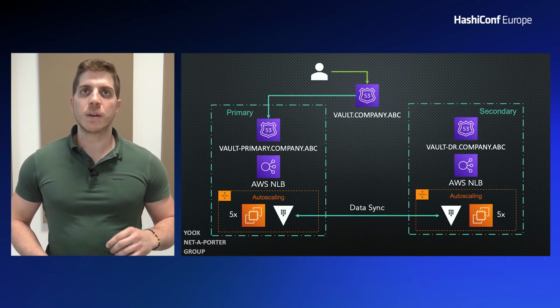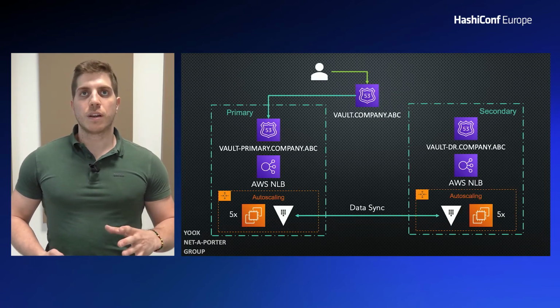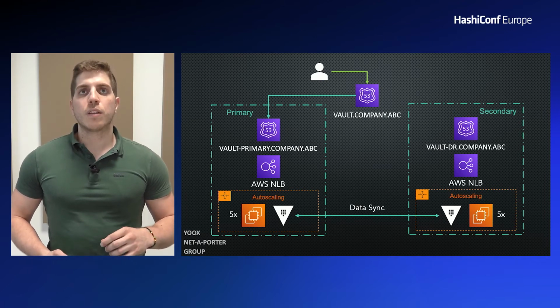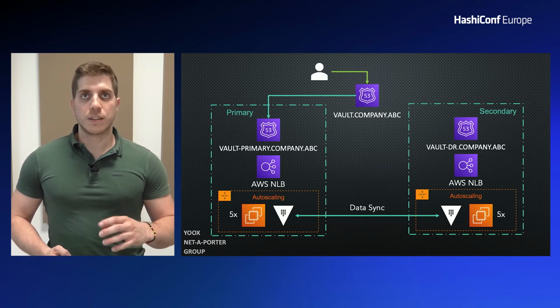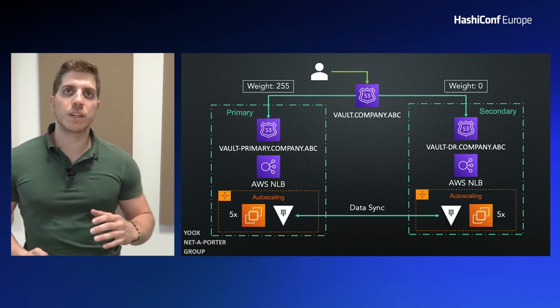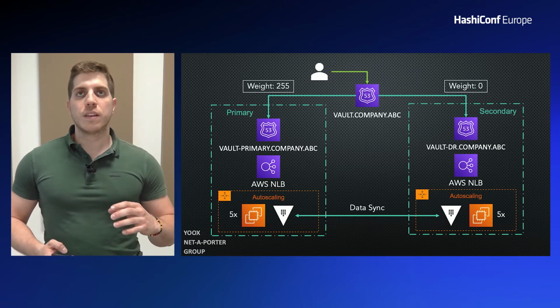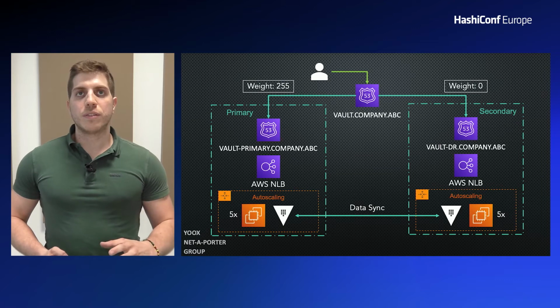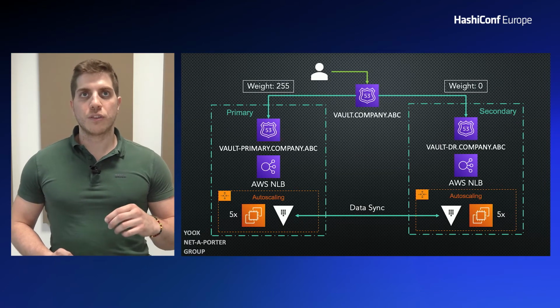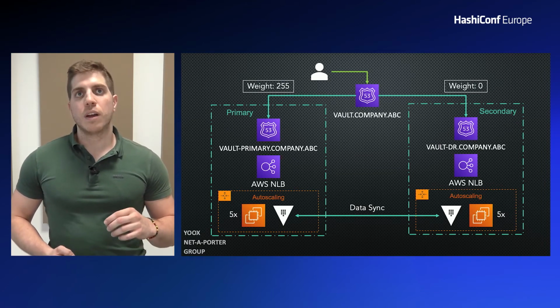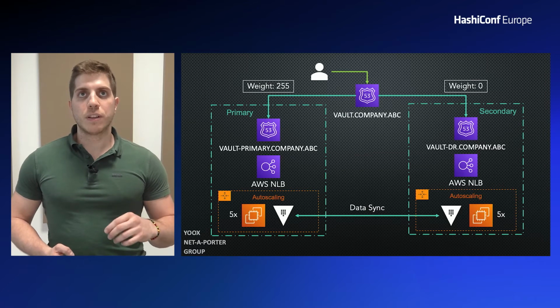So let's start. This is the picture of the architecture that we saw before. To overcome the DNS issues and the caching problems, we created a weighted policy. In Route 53, you have the possibility to create DNS routing policies.